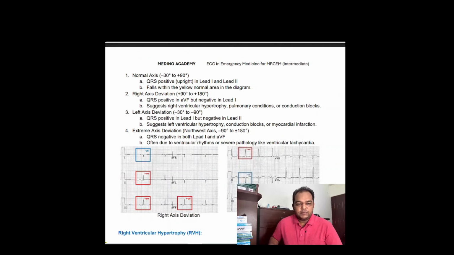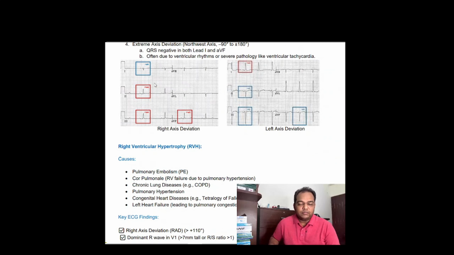We can see in this picture, in the first image, that in lead 1 there is negative deflection and 2, 3, AVF show positive deflection. So this is right axis deviation. And in case of left axis deviation, there is positive deflection in lead 1 and negative deflection in lead 2, 3 or AVF.